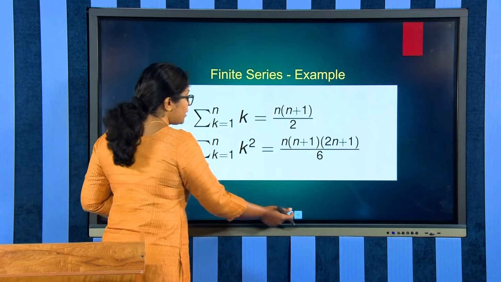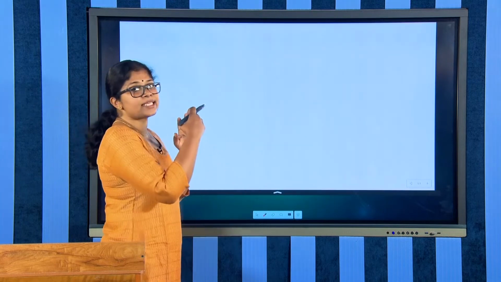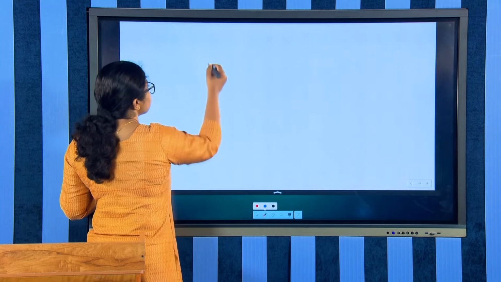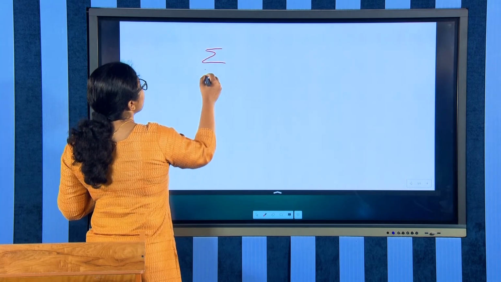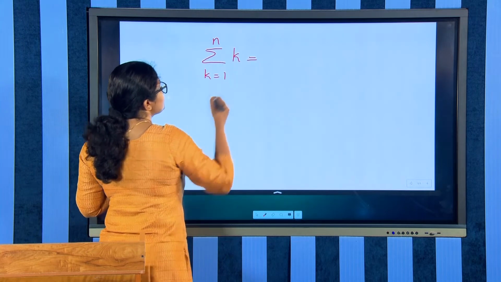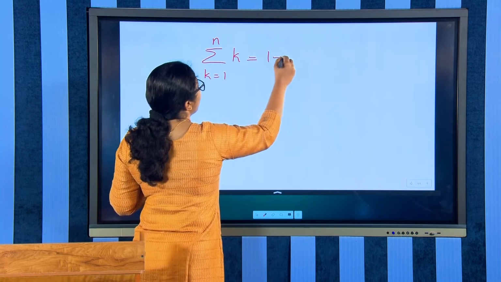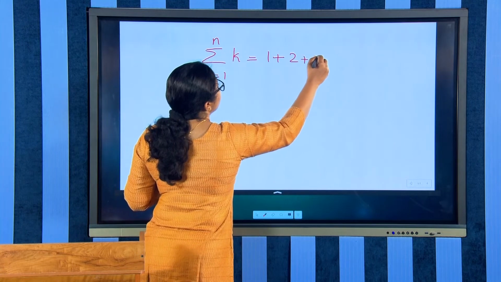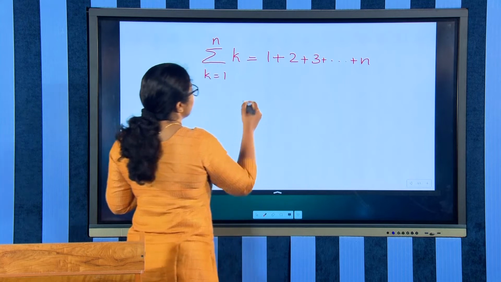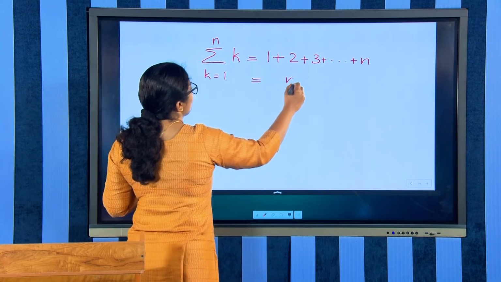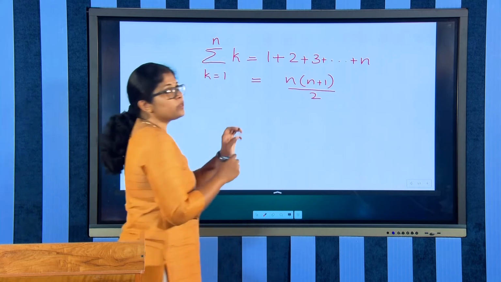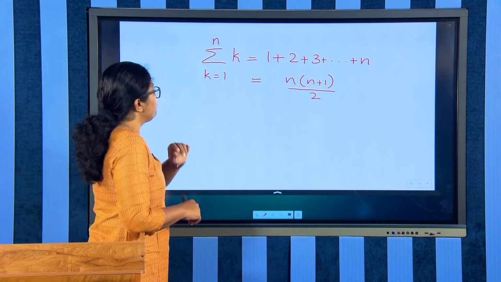When we expand this and express it as a mathematical expression, summation k equal to 1 to n of k on expansion gives you 1 plus 2 plus 3 plus etc. plus n. So this summation is equal to n into n plus 1 upon 2. We had proved this using mathematical induction.